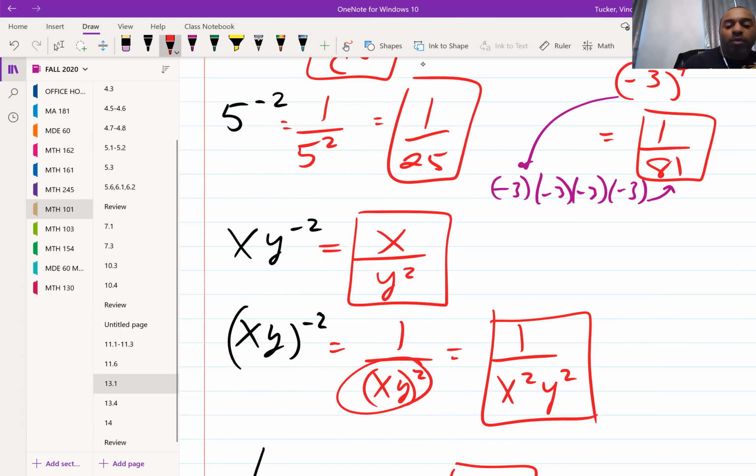So that's why we drop both of them down to the bottom. And then don't forget your exponent rules. This square goes to each piece. So that's why finally you have 1 over x squared, y squared. All right, questions, any questions?